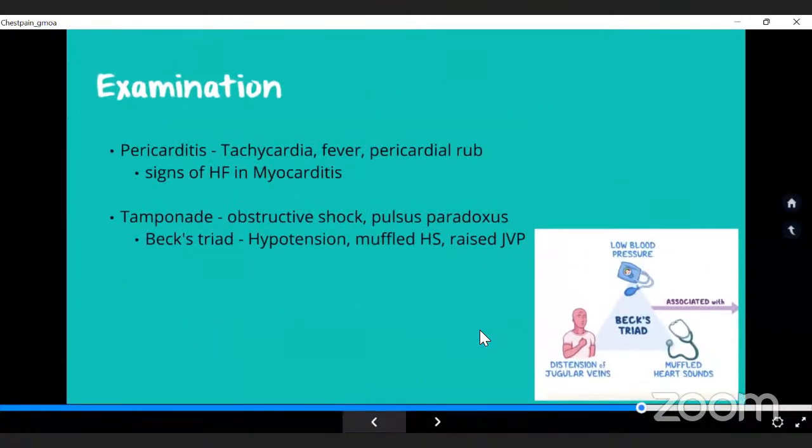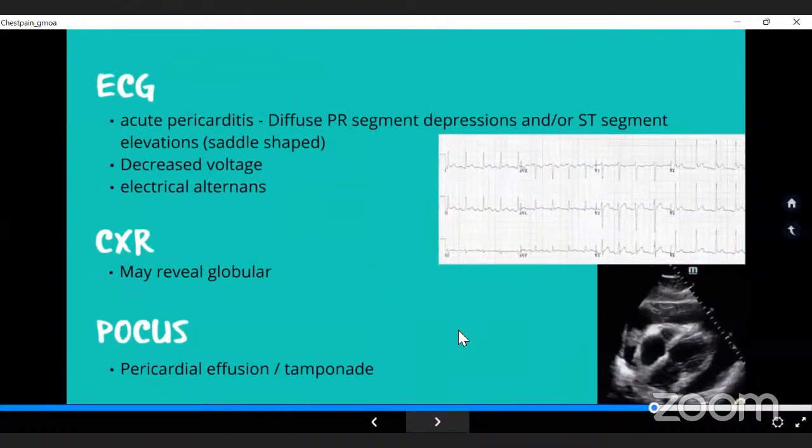And the examination findings, when there is a tamponade causing obstructive shock, it's called Beck's triad: elevated JVD, muffled heart sounds, and low blood pressure. That's called the tamponade examination features. Pericarditis, they can be feverish, they can have some tachycardia and pleural rub. ECG has saddle-shaped ST elevations in all the leads except aVR.